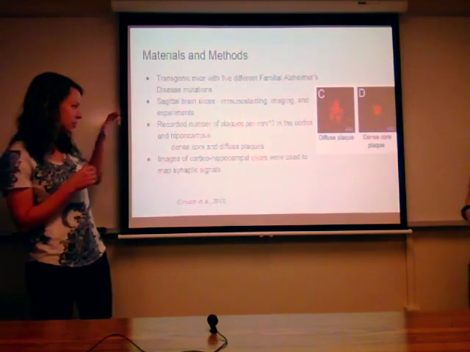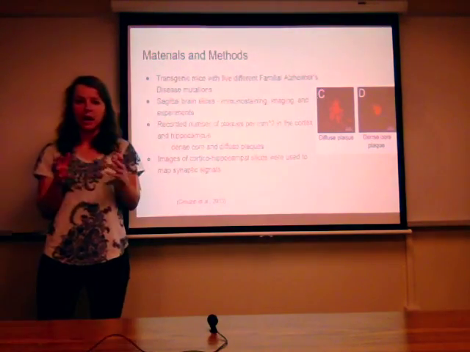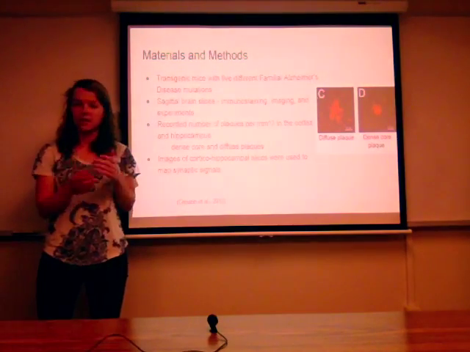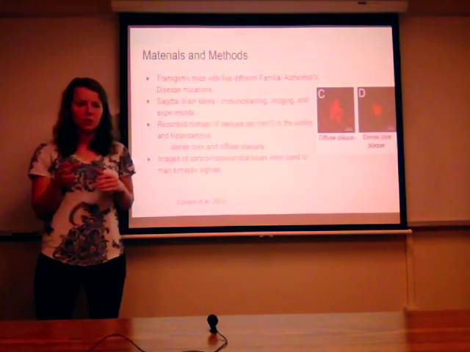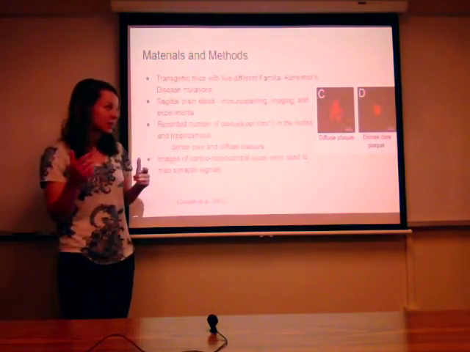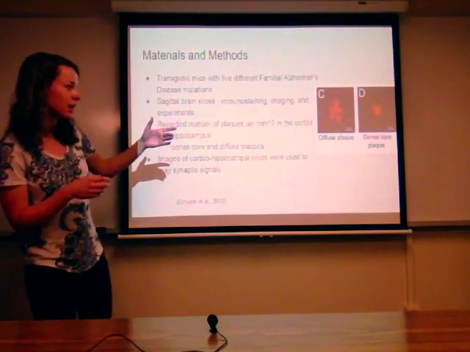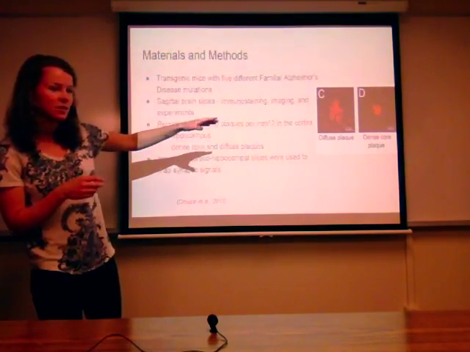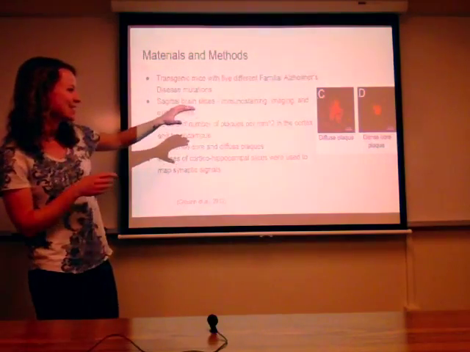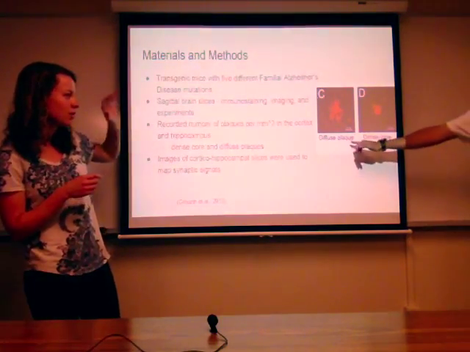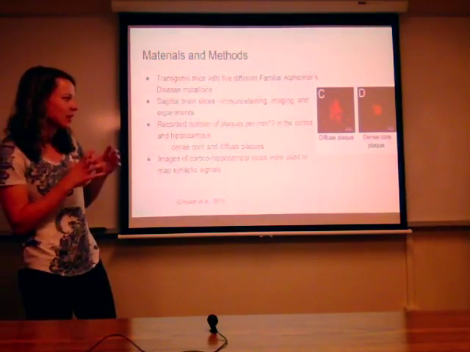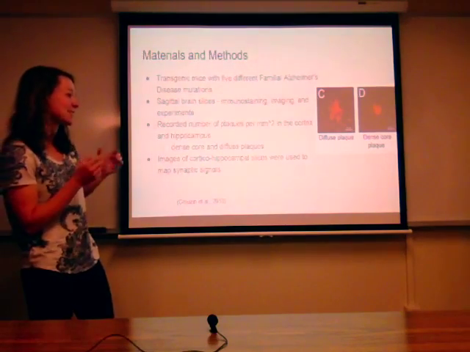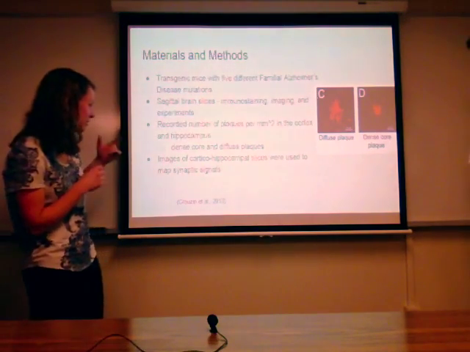And so from each of these slices, they recorded the number of plaques per square millimeter in the cortex and the hippocampus. And along with recording the number of plaques, they also differentiated between diffuse plaques and dense core plaques. So you see the image on the right. You see the diffuse plaque, it's very spread out, and the dense core is very, very tight-knit, very dense. And we'll go into more of that later.